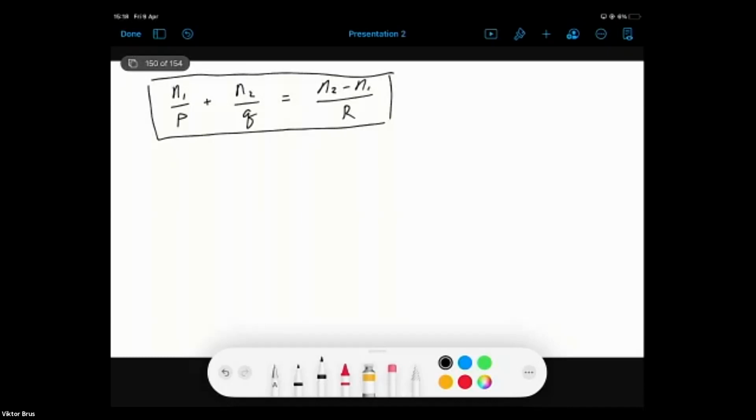For instance, for parameter P, which is object location, it should be positive if the object is in front of the surface, a real object, or negative if the object is in the back of the surface, a virtual object, which applies in the case of a magnifying glass.